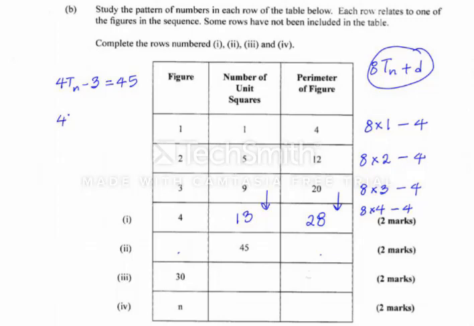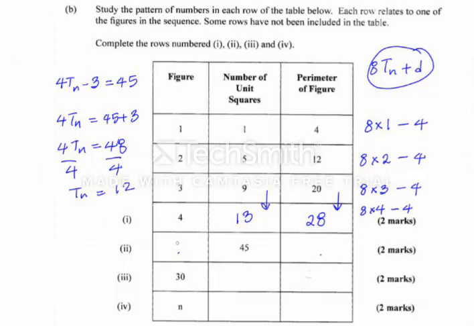So 4 Tn would be 45 plus 3. 45 plus 3 is 48. So 4 Tn is equal to what? 48. Divide both sides by 4. We get Tn would be equal to 12.